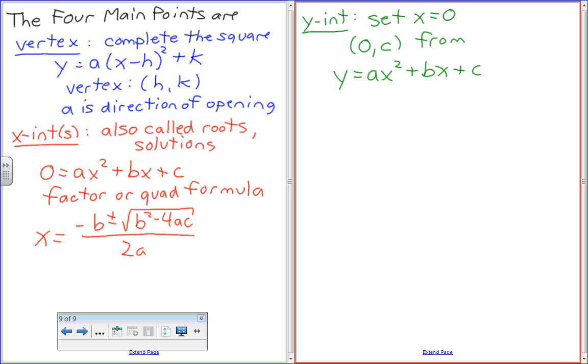The reason I call it 0, comma c, if it's in standard form, is that a times 0 cancels, b times 0 cancels, you can see. The y-intercept is normally the easiest to find, so I will find that first.